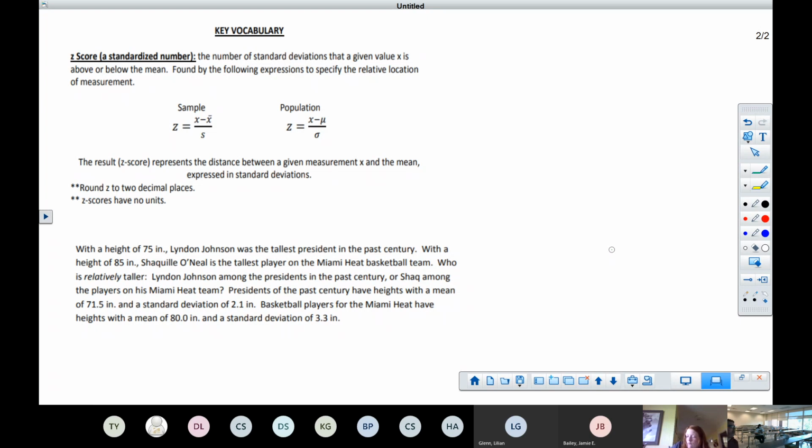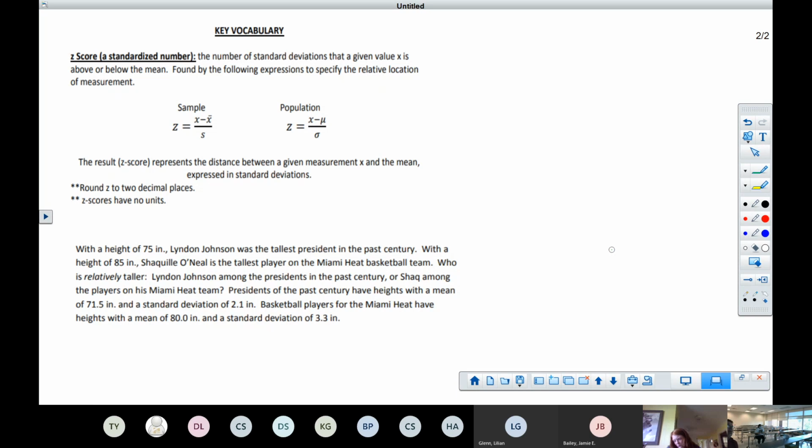I want you to calculate the z-score, and you would use the one on the left, because we're doing a sample here, we're not doing a population. Do the one on the left, and I want you to calculate the z-score for LBJ, and then I want you to calculate the z-score for Shaq. And then I'll explain to you how we tell the difference.